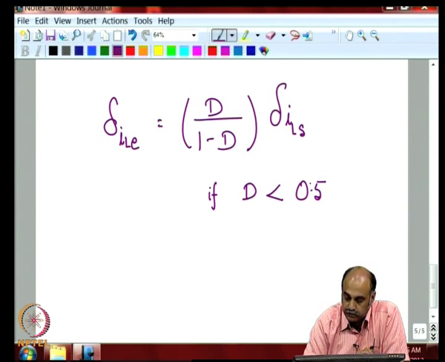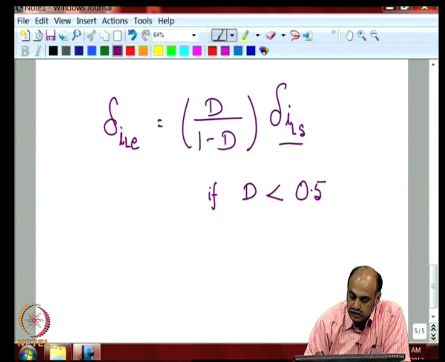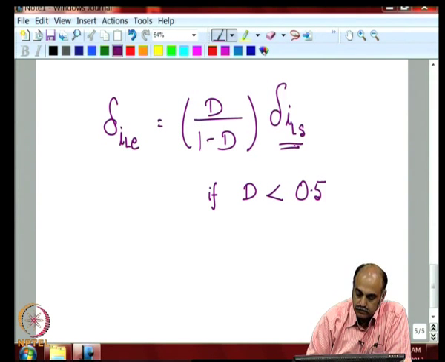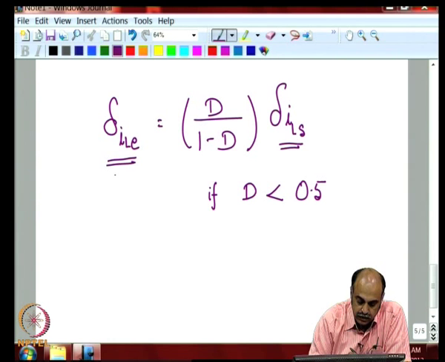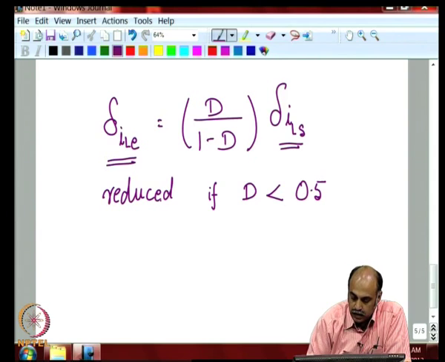So, for less than 50% duty cycle, any perturbance here actually gets scaled down, attenuated, and the perturbance at the end of the period is reduced. So, this is reduced if d is less than 0.5.